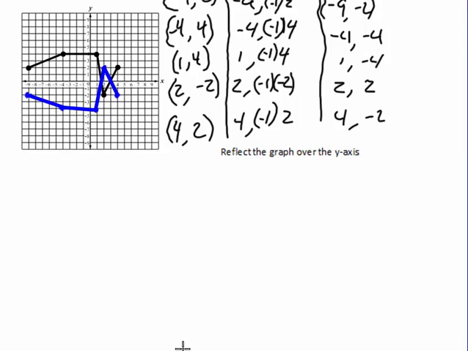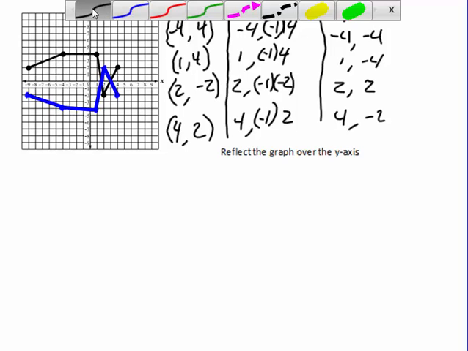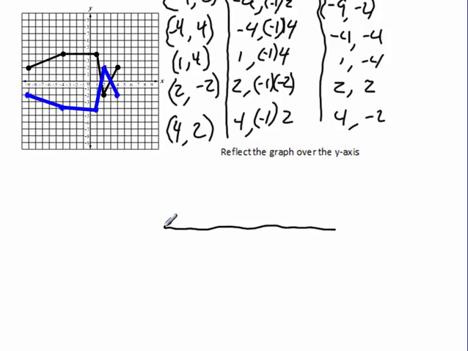Okay, so now if we try to do the same thing with reflection about the y-axis, or over the y-axis, then what do you bet we multiply our x values by -1?